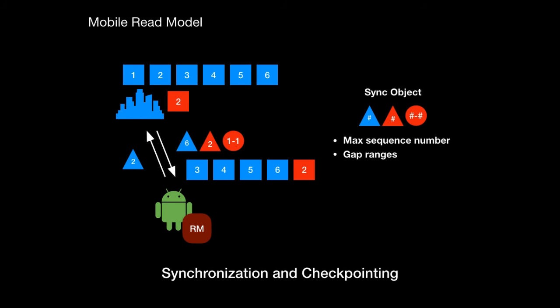In this case, it's from 1 to 1. There's a gap. If the max sequence number in the red data center was up to 8, then you would also see a gap from 3 to 8. That has not replicated. That would be a case where those events haven't replicated, but the activity document did replicate.